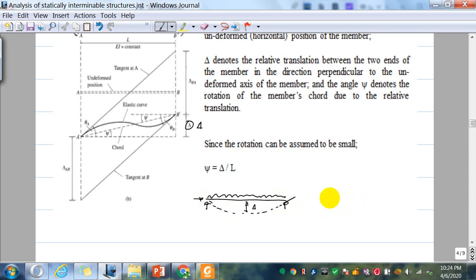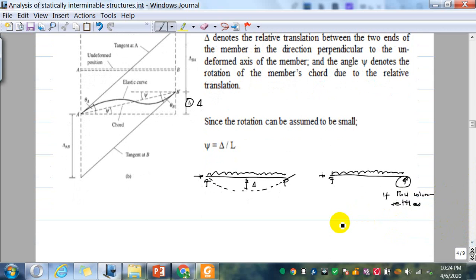On the other hand, say you have a beam, and under the action of load, say this support is a column, and if this column settles, it means it goes down a little bit.